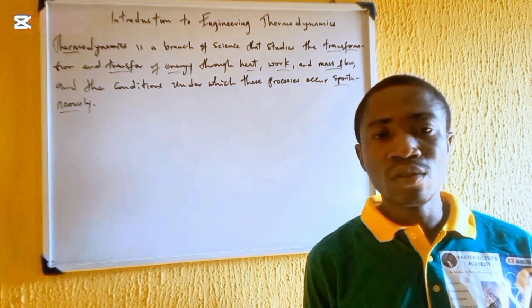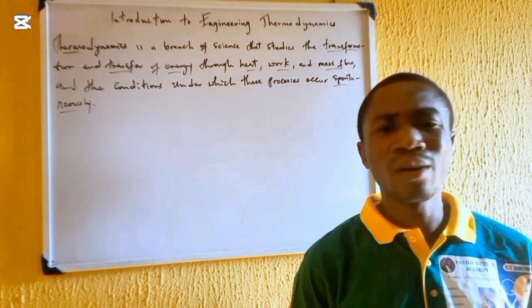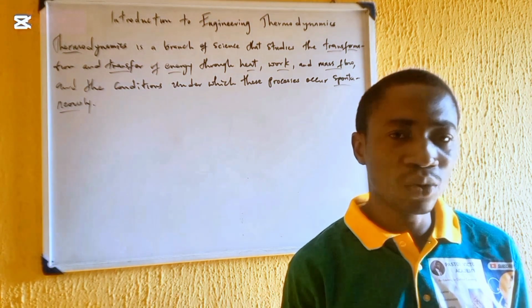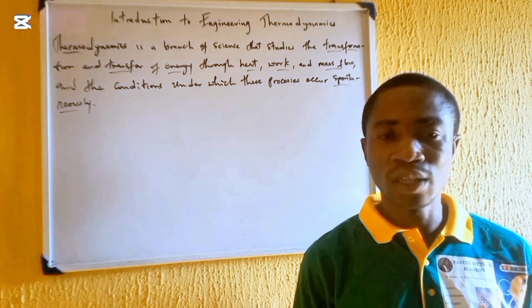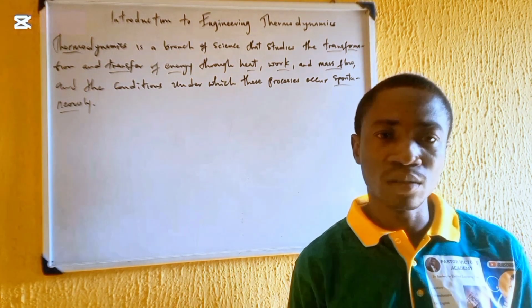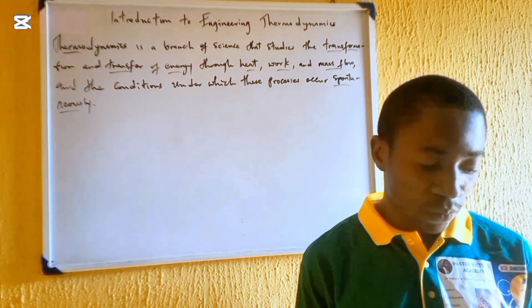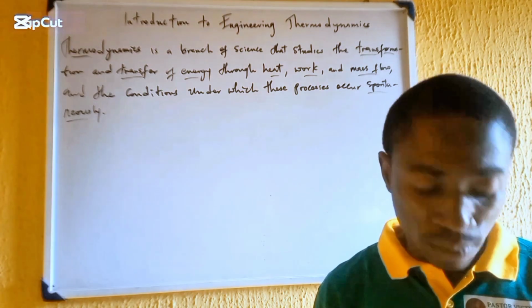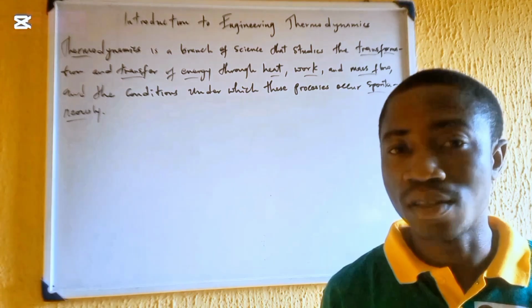So those in the chemistry department will be looking at how thermodynamic principles can be applied to what? Chemical reactions. So when this reaction happens, what amount of energy is transferred? Maybe through heat. So that's their own concern or way of application. In biology, thermodynamic principles are applied to biological and metabolic processes in living systems.